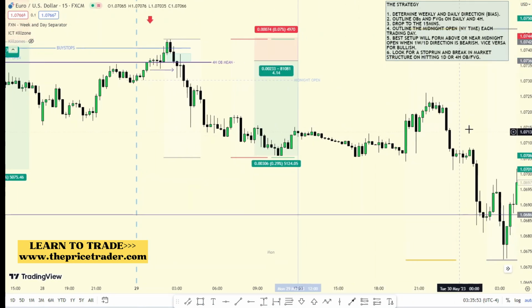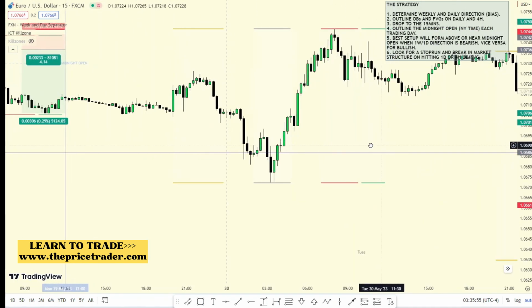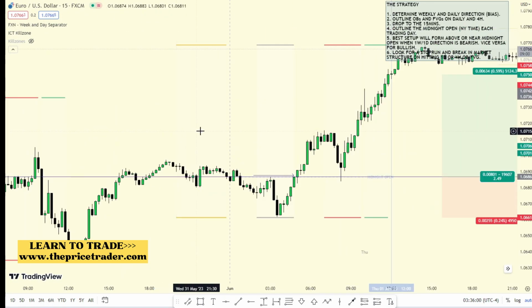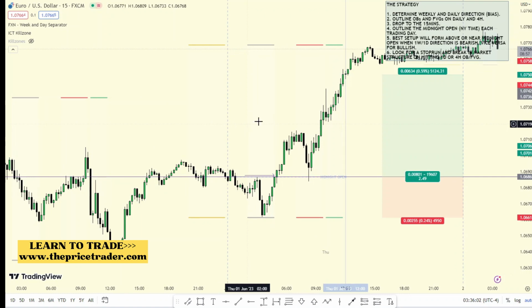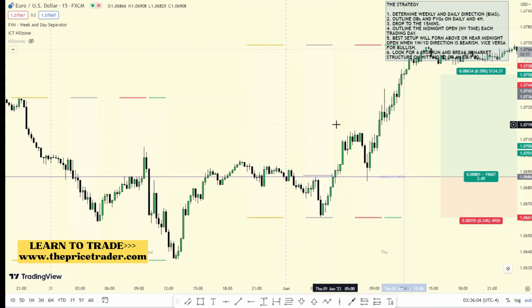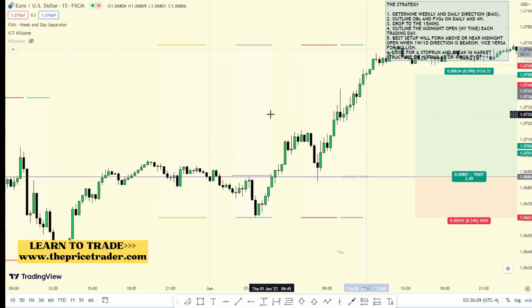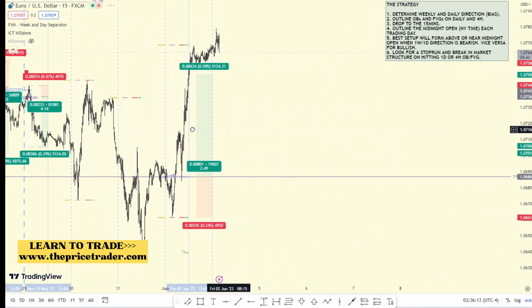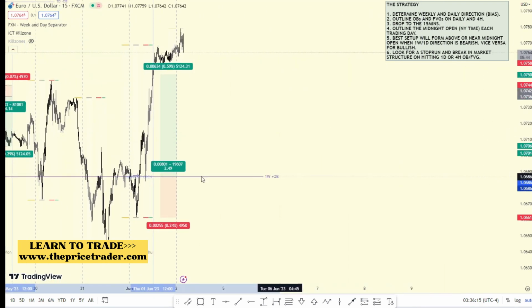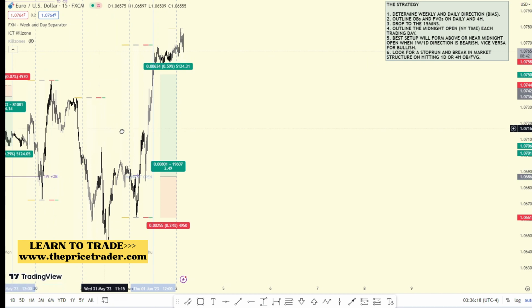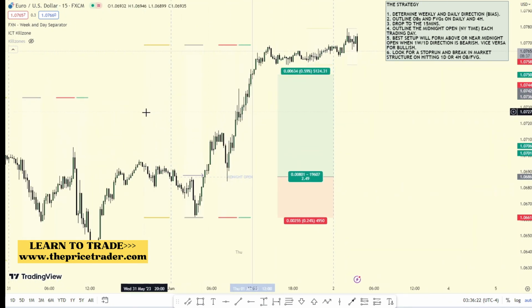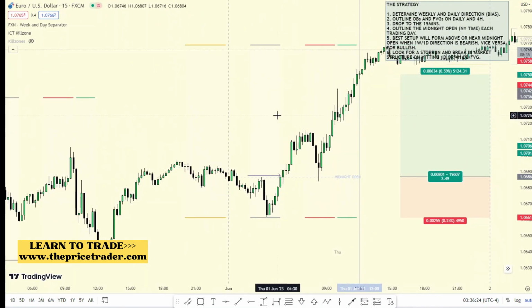Finally, let's look at a bullish example which happened recently. Assuming you have analyzed your charts and you've seen that the daily or weekly bias is bullish, the same way we looked at the bearish example is the same way you can look at this bullish example.